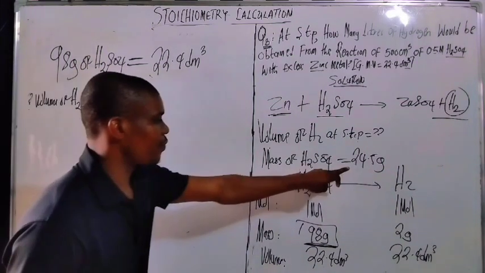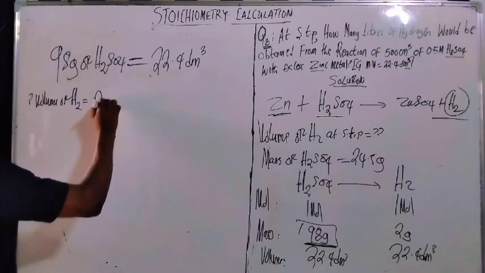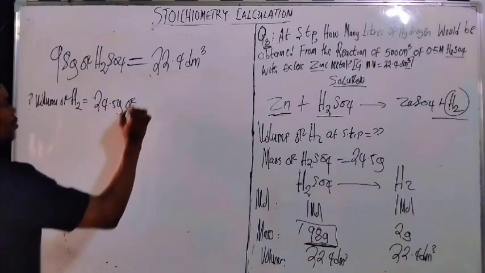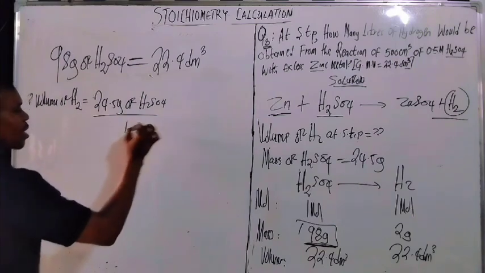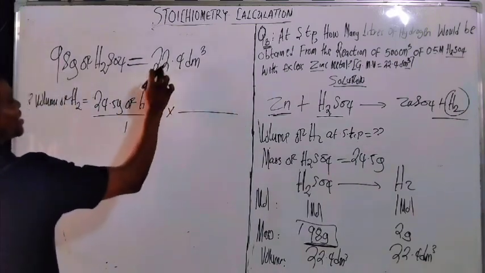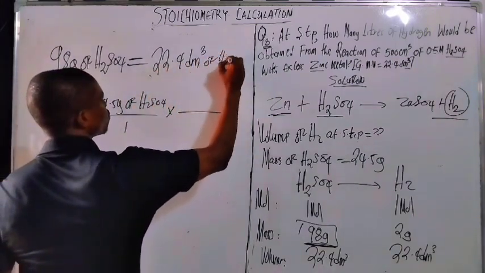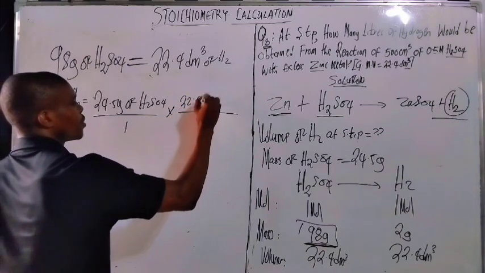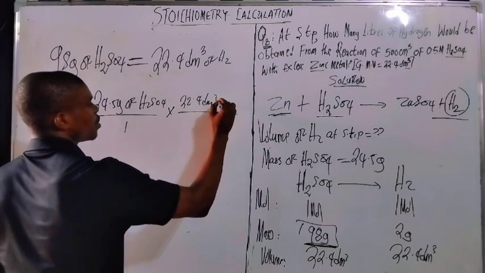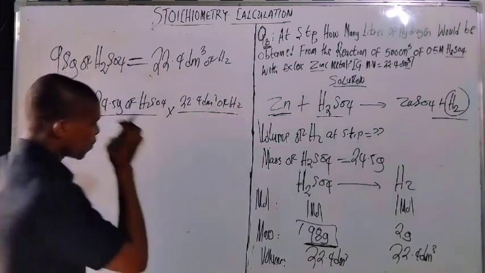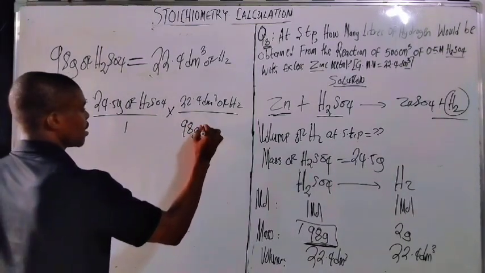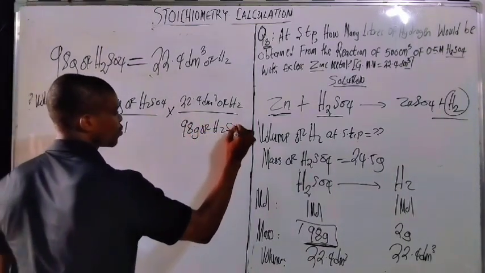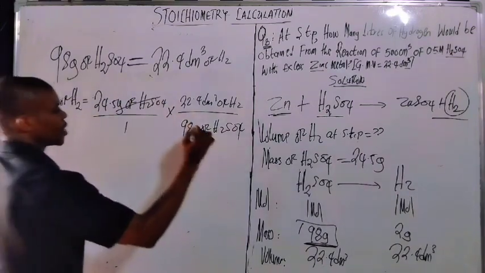Now here we have 24.5 gram of H2SO4 over 1, times, of course, this one, H2. So it's going to be 24 dm³ of H2 over 98 gram of H2SO4, right? So this will cancel out this one here.